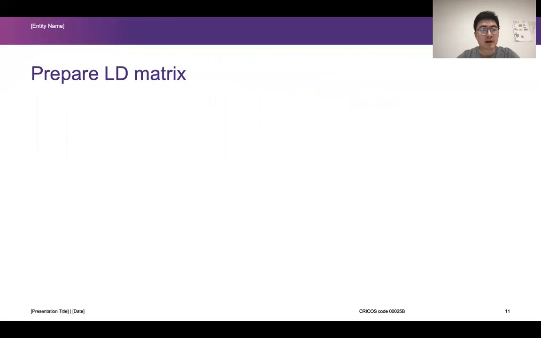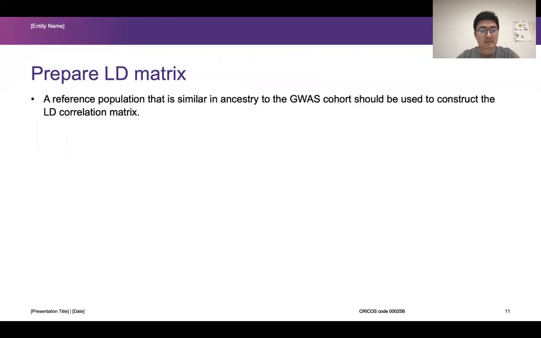Next, we show how to prepare the LD matrix for our analysis. If your GWAS summary statistics are from European samples, then you can just use the LD matrices provided by our website.